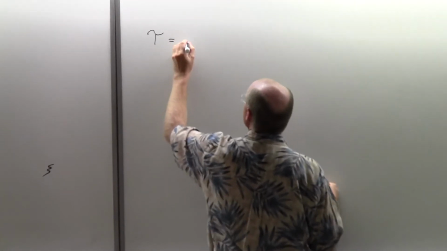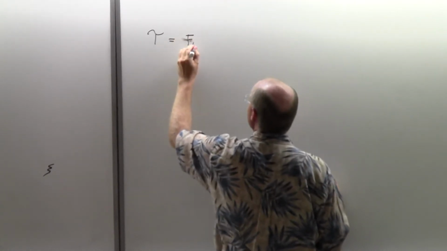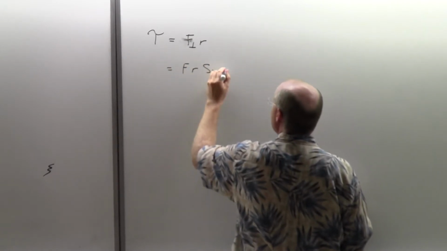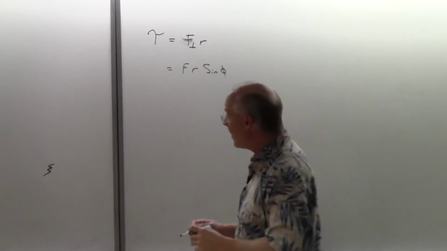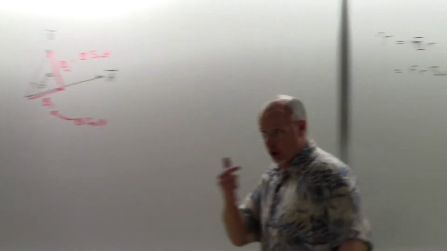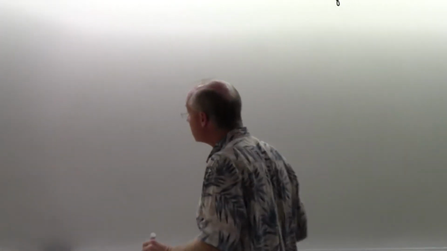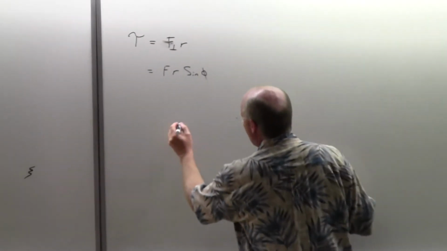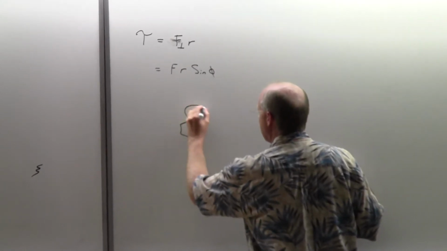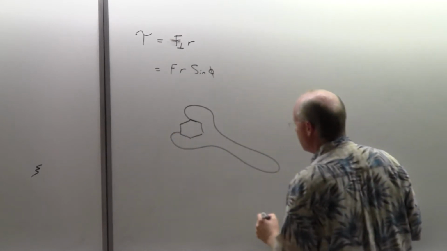Yeah, the torque was how much of the force F is perpendicular to R, or we wrote it as FR sine of phi, the sine of the angle between them. I put the angle up here as theta, but maybe it would be more appropriate to put it as phi, because that's what we used in the last chapter. Going back to our picture of twisting something, here's the hexagonal bolt, and here's the wrench.